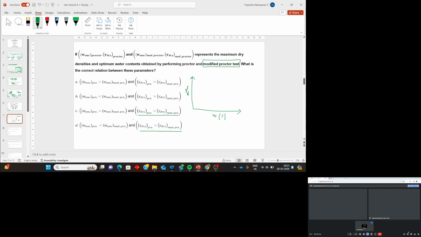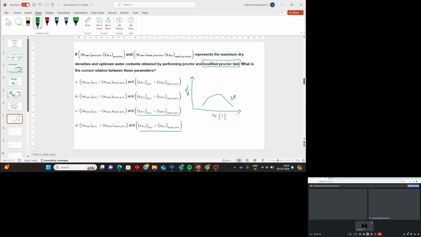Now another condition is moisture content. So at what moisture content? Now it is better to draw the curve. Let us assume that this is for standard Proctor.